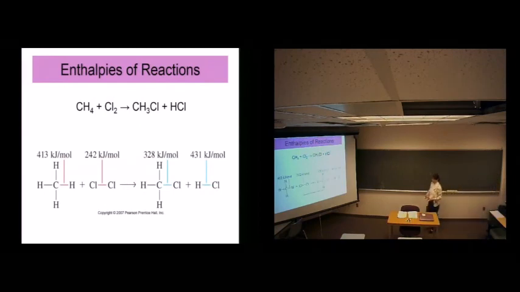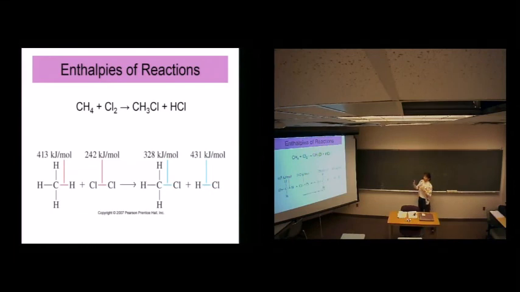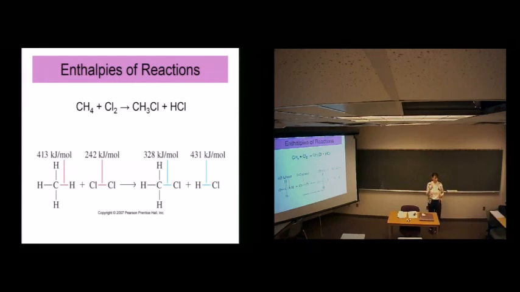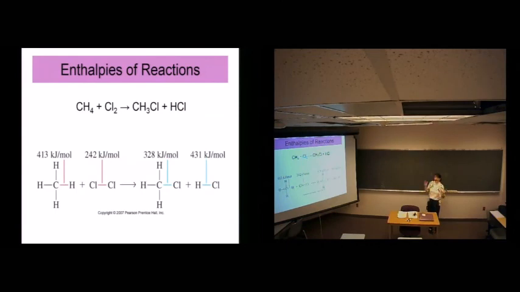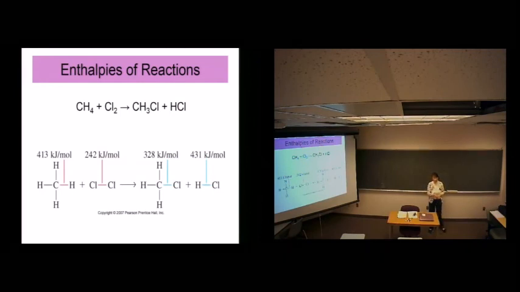Okay, all right, so what I want us to do next is, there are your numbers, so I want you to think about the bonds broken minus the bonds formed and calculate what that would be. So you want to add those all up. We'll work on that during the break, and we'll come back at 1 and keep working in Chapter 8, so you can take that break and work on that.